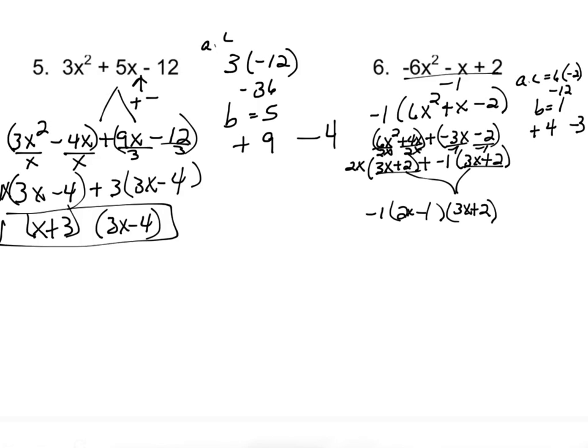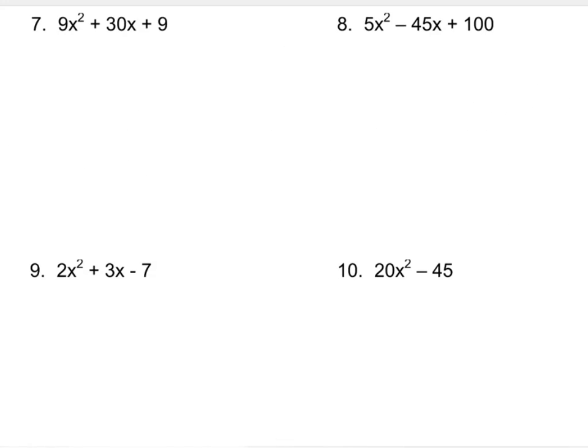Again, the numbers in front combine to make that other factor. And we bring down the negative 1 from that original greatest common factor. Don't forget that, or part of that answer will be wrong. Okay. That covers those first examples.